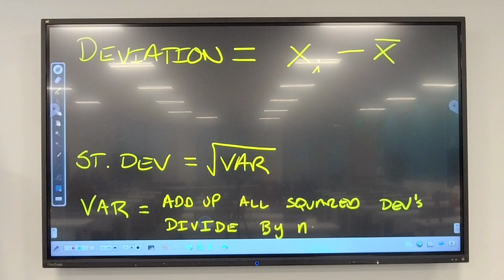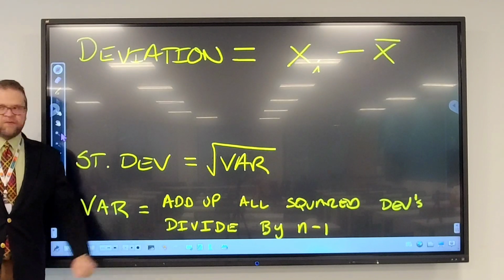And that's having to do with your degrees of freedom. If you think about how we calculated degrees of freedom, it was n-1. And it's for the same reason we're having to divide by n-1 in the variance.